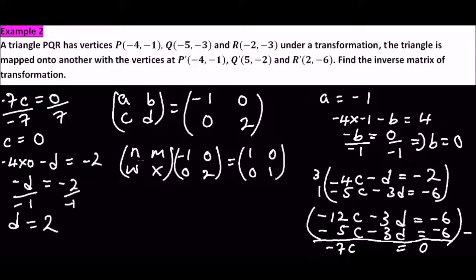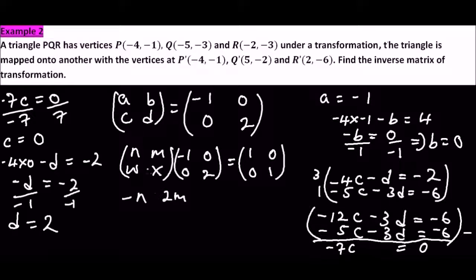So we multiply here, this will be n times minus 1 is minus n, because m times 0 is 0, so here we have minus m. Here we have n times 0 is 0, m times 2 is 2m, so you get 2m. And then we have w times minus 1 is minus w.